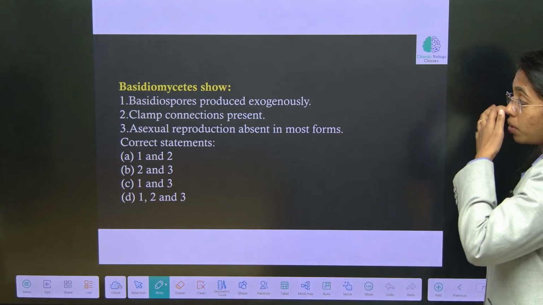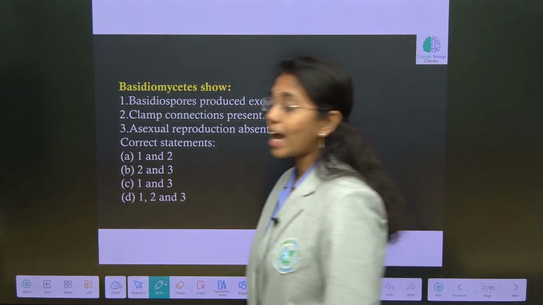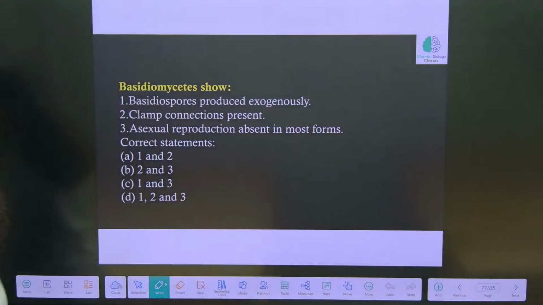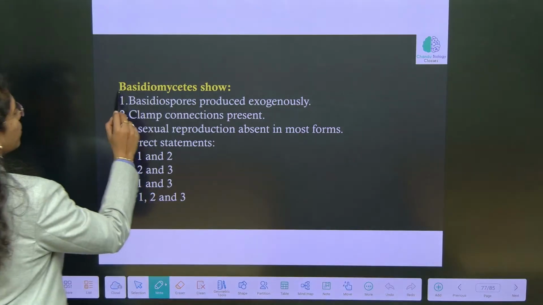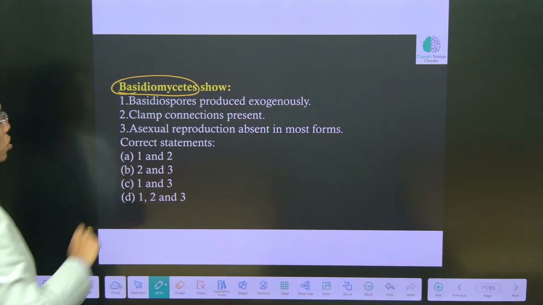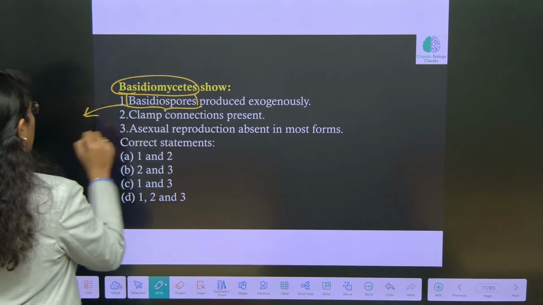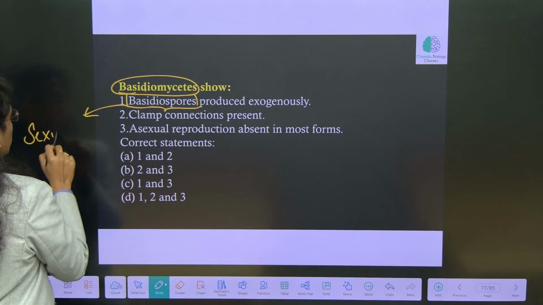Basidiomycetes. The question is on Basidiomycetes. Basidiomycetes is addressed as an advanced class of fungi. Basidiospores are produced exogenously, true. Basidiospores are the sexual spores.